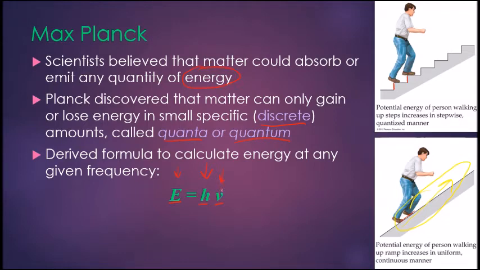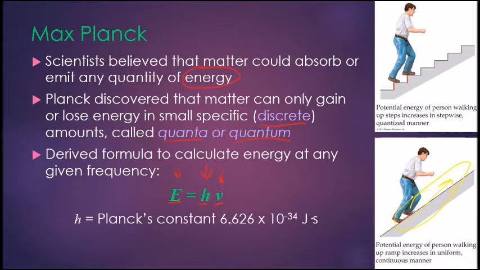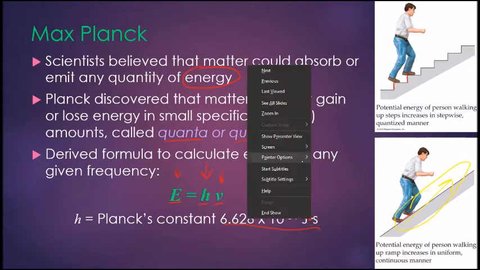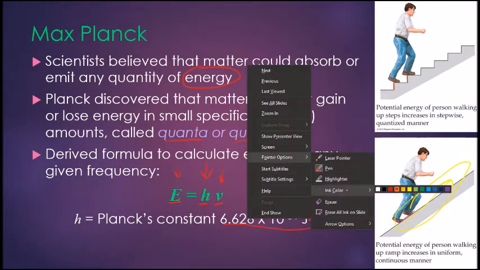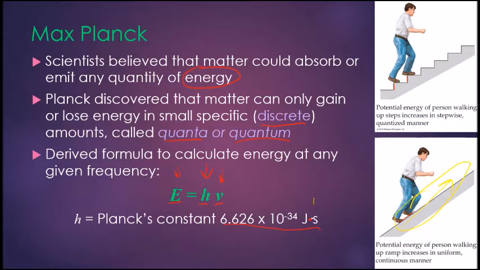h is a constant. It's called Planck's constant, and it's this value: 6.626 times 10 to the minus 34 joules times seconds. Okay, joules times seconds. Now, I do not expect you to memorize Planck's constant. It will be provided to you in your problems when you're given a test or quiz.